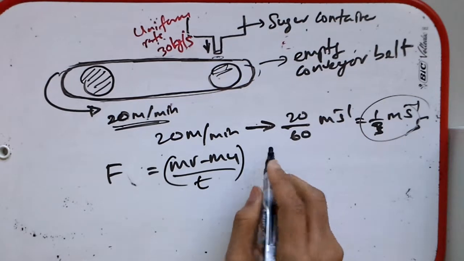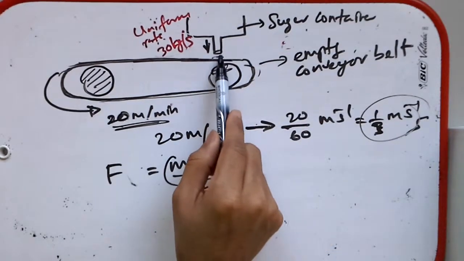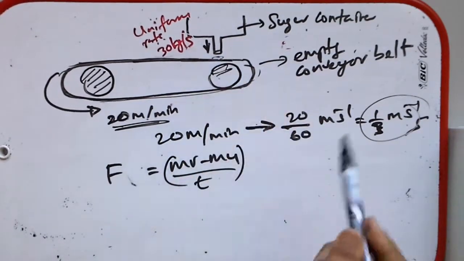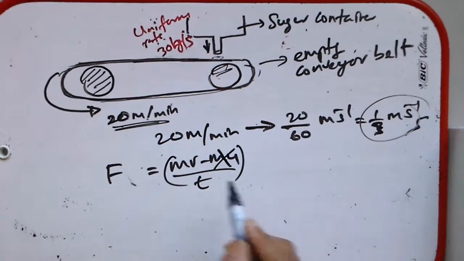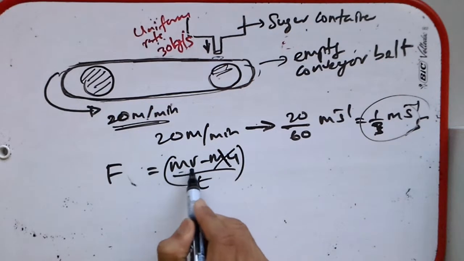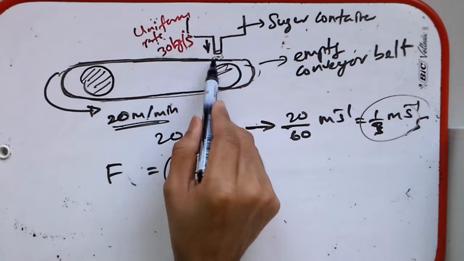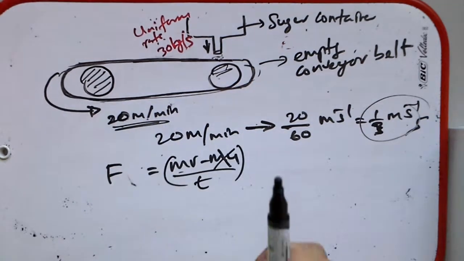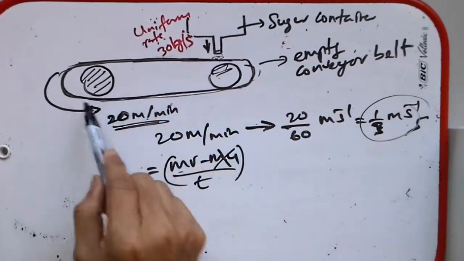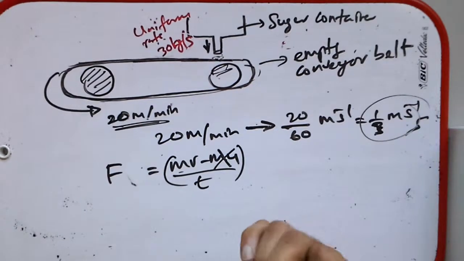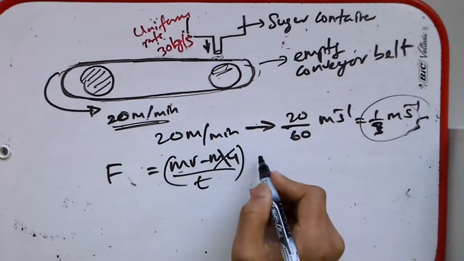Remember we set the initial speed, or the kinetic energy, of the sugar as 0. So this part should be 0. We have only mv, because when you drop this, the velocity of the sugar should reach the belt's speed. At the same time, you have to make sure it maintains the constant speed.